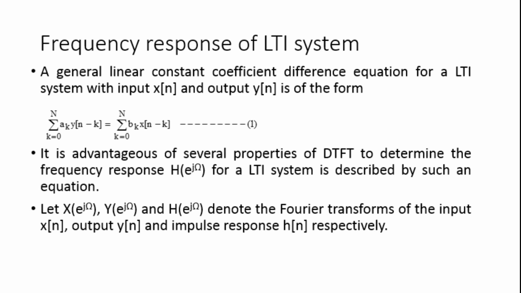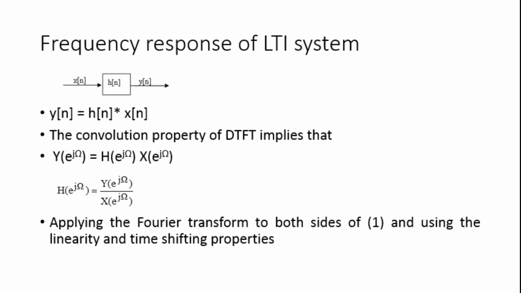Let X of e power j omega, Y of e power j omega and H of e power j omega denote the Fourier transforms of the input x of n, output y of n and impulse response h of n respectively. In the block diagram representation, x of n is the input and y of n is the output, where y of n is equal to h of n star x of n.